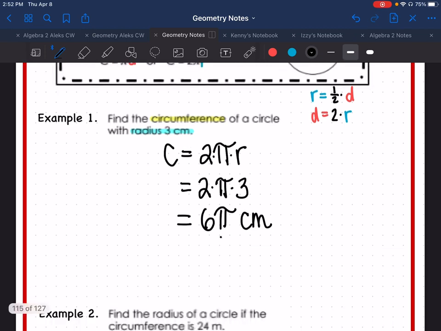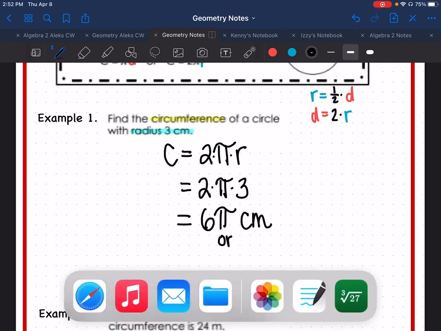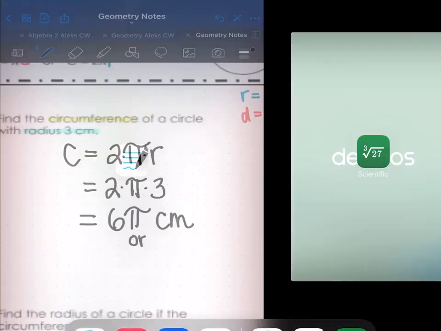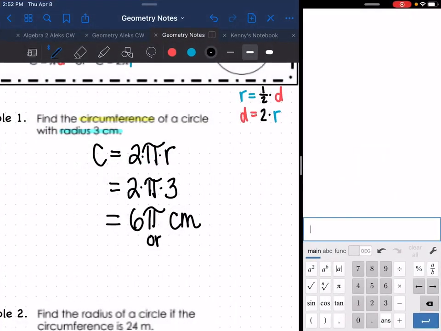Now, if Alex asks you to use 3.14 for pi, then you're going to grab your calculator. And you're simply going to do 6 times 3.14. And you're not going to go ahead and round.